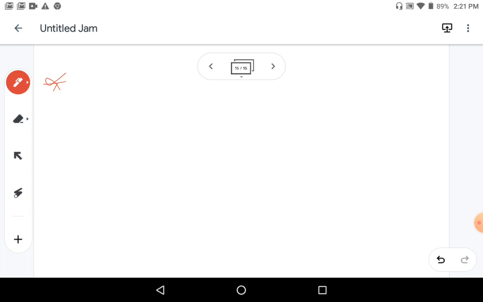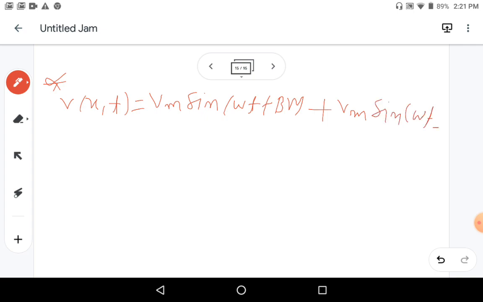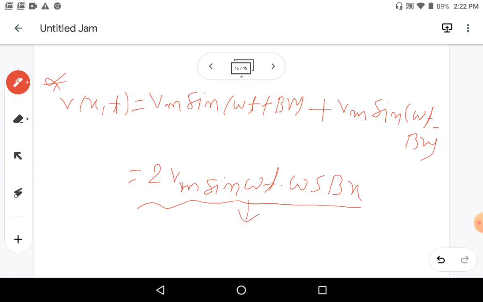If v of x,t equals Vm sine of omega t plus beta x plus Vm sine of omega t minus beta x, then if we solve, we get 2 Vm sine omega t into cos of beta x, and we know that this curve is a standing wave. This equation represents the standing wave.